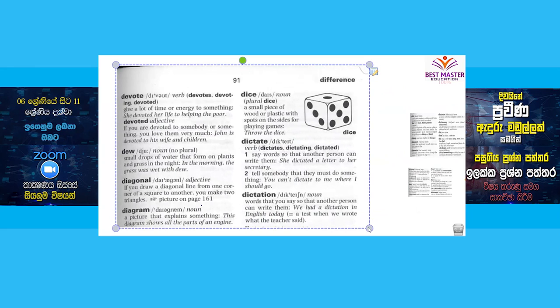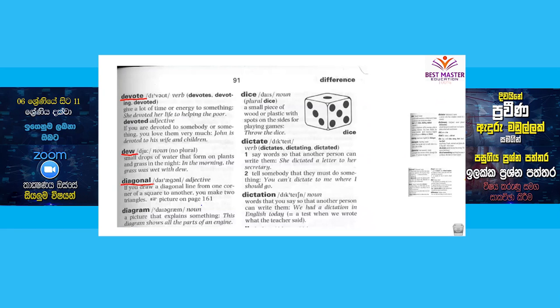So we have to list out the words. The first word, devote. D-E-V-O-T-E, devote. The second word, dew. Third one, diagonal. The next, diagram.